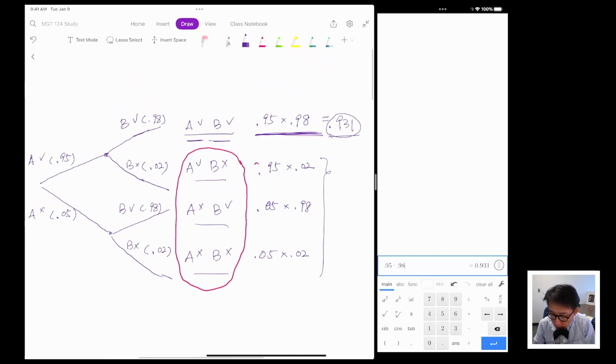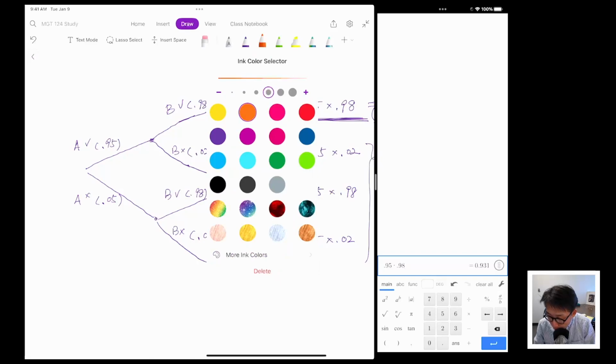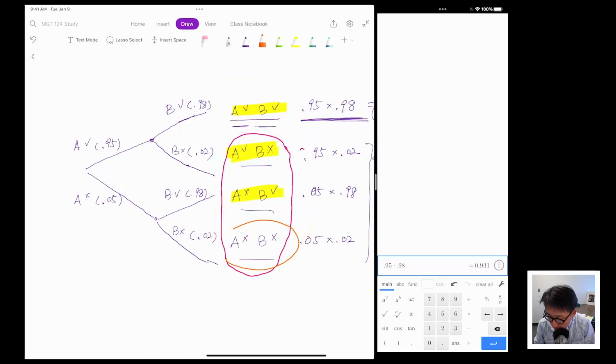So if you look at the whole thing, this scenario is considered just fine. This scenario is also considered just fine. This scenario is also just fine. Only this particular scenario is the one we need to rule out in order to calculate the reliability of a system with a backup.